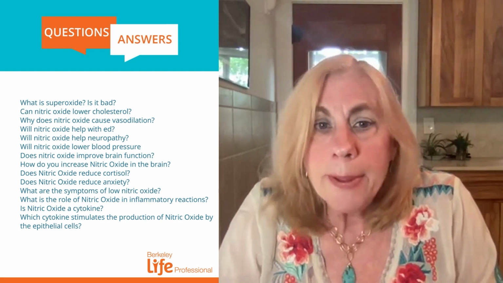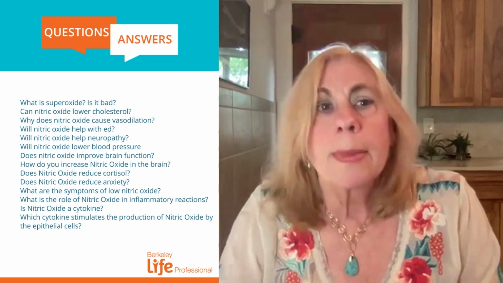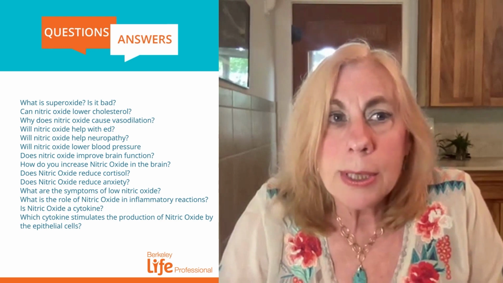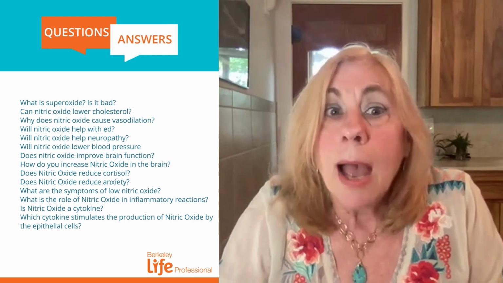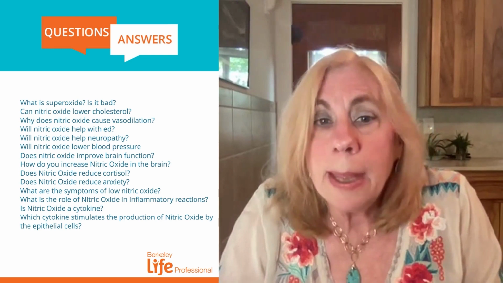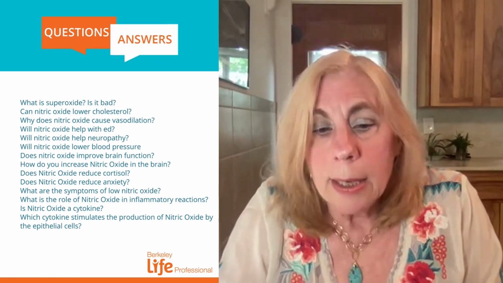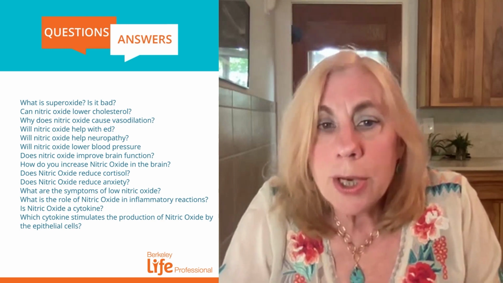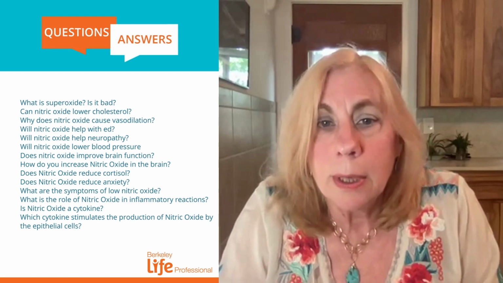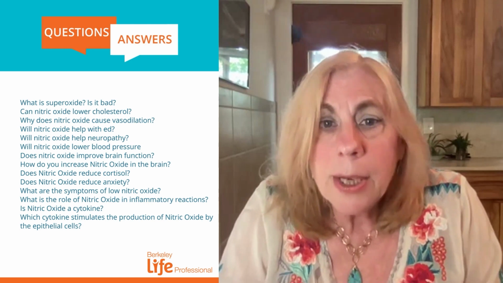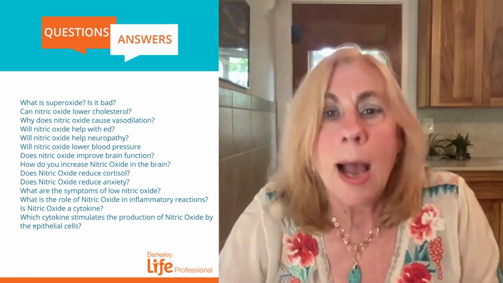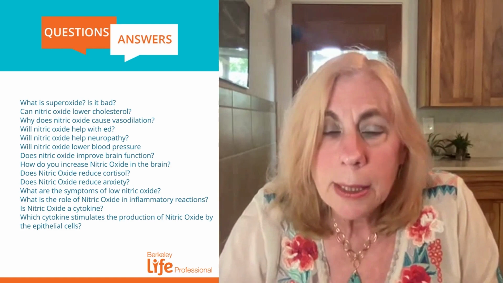Nitric oxide and neuropathy. Neuropathy is caused by a couple different things, but mostly diabetic neuropathy. When you have diabetes, your circulation and microcirculation become impaired. It's a nitric oxide deficient state. And when the microcirculation is impaired, these cells can't be fed oxygen, glucose, and nutrients.